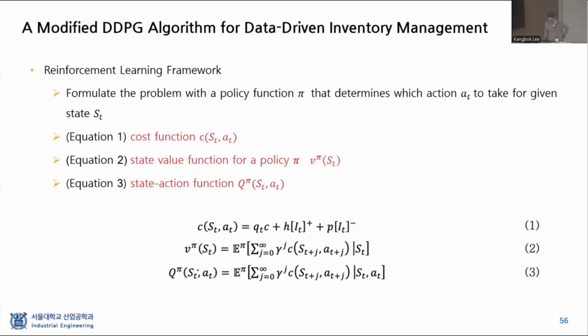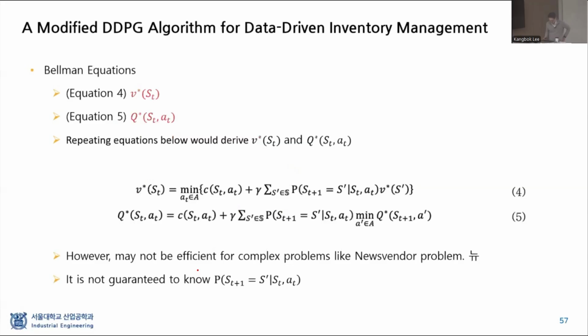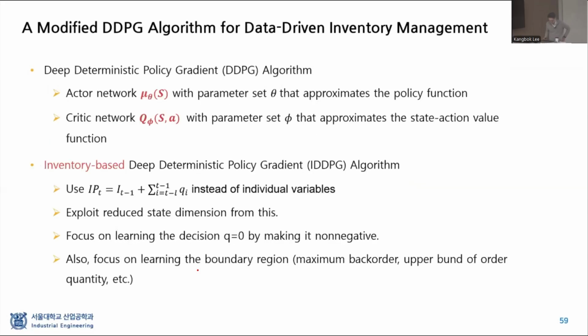By just applying all the things, now we are ready to apply everything, and this is the algorithm. So we have used the summation of those two values instead of the individual variables in our IP, because this is the only value that matters for our inventory decision.